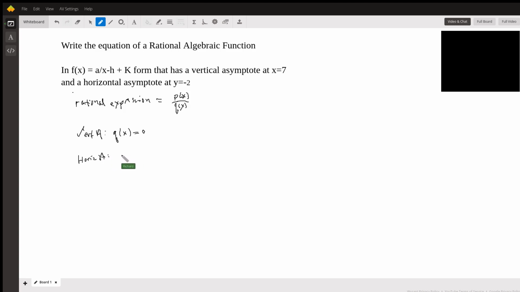It has to do with the degree of P and the degree of Q. So we'll look at the degree of P of x and the degree of Q of x, setting up a little table here.